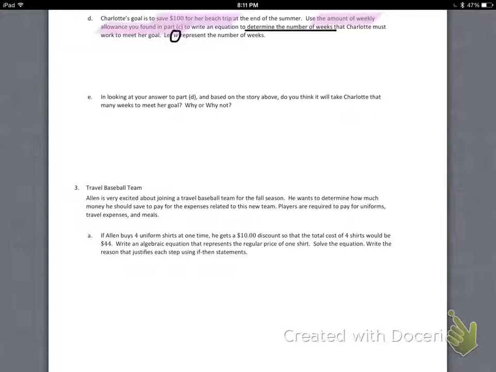Okay, so here's the information. We have all the information we need. We know she wants to save $100. The weekly allowance we found in Part C, remember, was $16. And we're going to let W equal the number of weeks, because that's what we're trying to solve for.